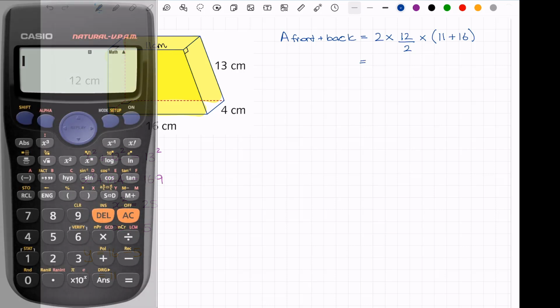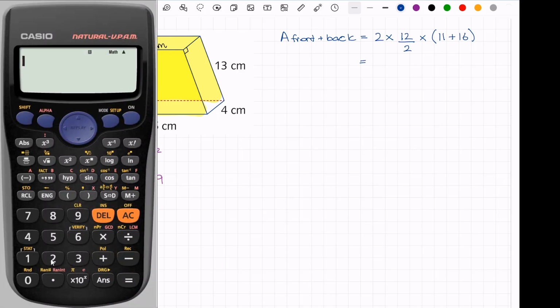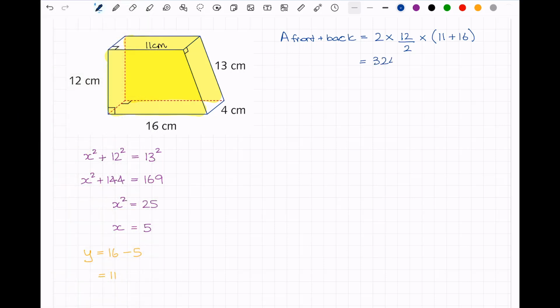So I'll just type that into the calculator. 2 times 12 on 2 multiplied by, in brackets, 11 plus 16. So that gives us 324, and the units will be square centimeters.